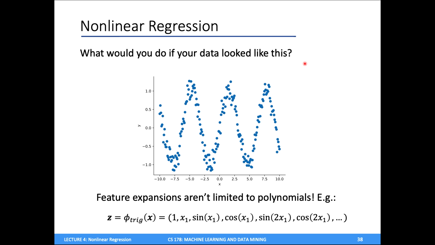Rather than taking our data and fitting all of the polynomials that we can to it, we take x1 and compute sine of x1, cosine of x1, sine and cosine at a higher frequency, and so on and so forth. So this idea of feature expansions is really quite general. And if you think about your problem and have some domain expertise, you might be able to craft these feature maps that help you model your data.